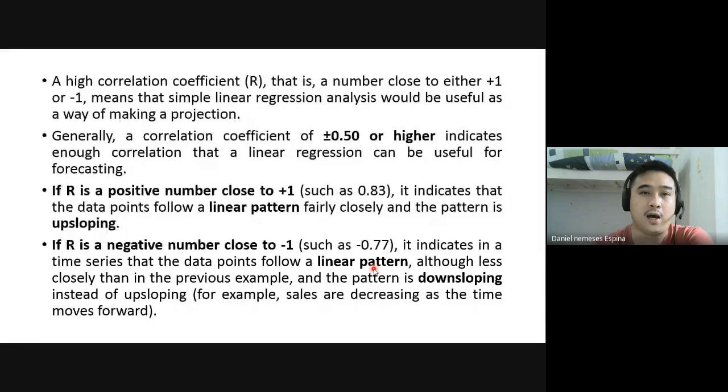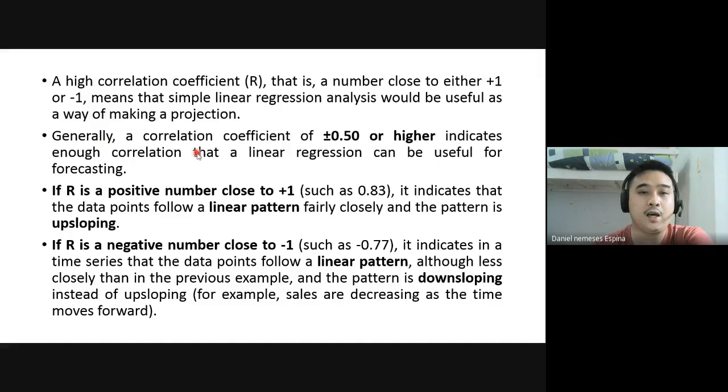So again, a high correlation, that is a number close to either positive or negative one, so the linear regression analysis is useful in making a projection. So kung magkaduol siya sa 1, either positive or negative, then the linear regression is useful in forecasting or projecting the values of the dependent variable.